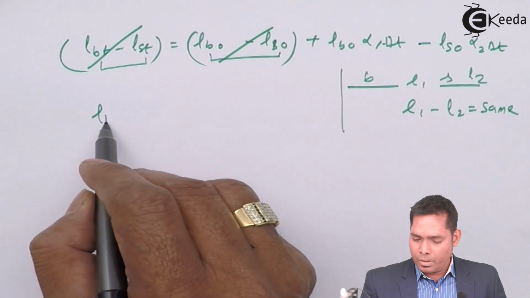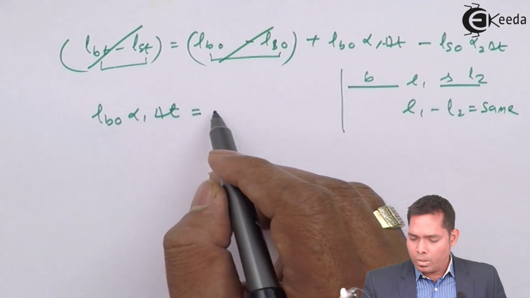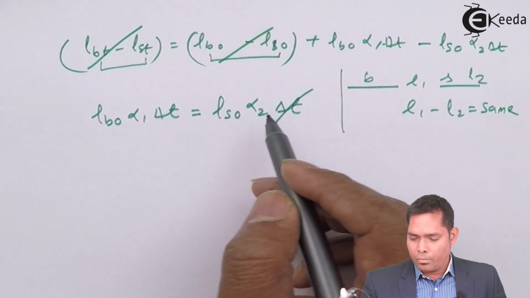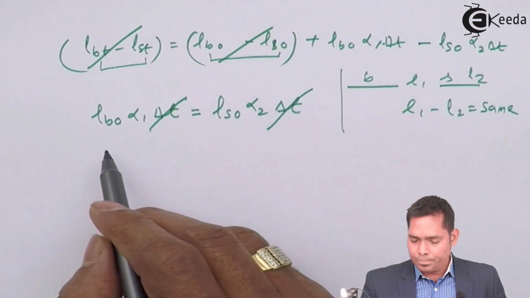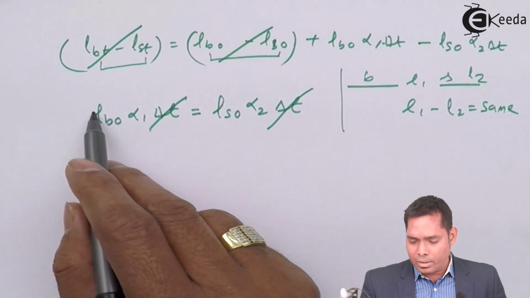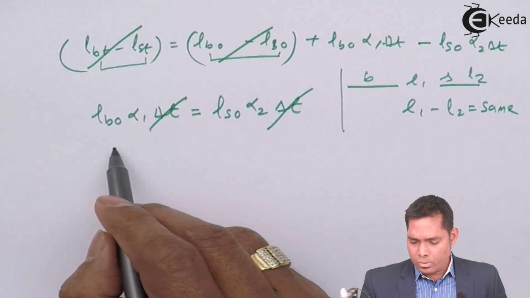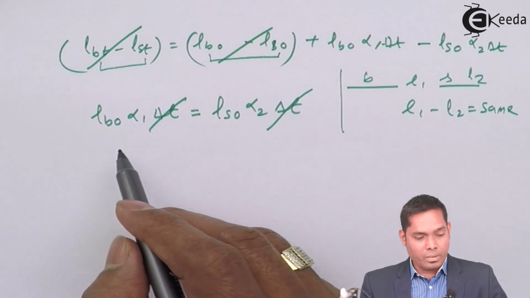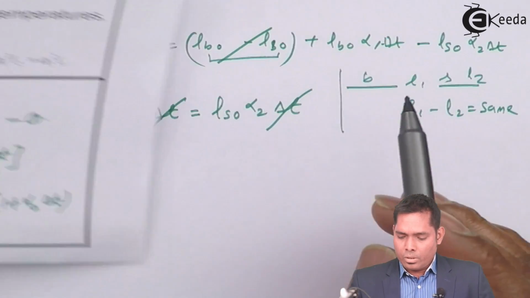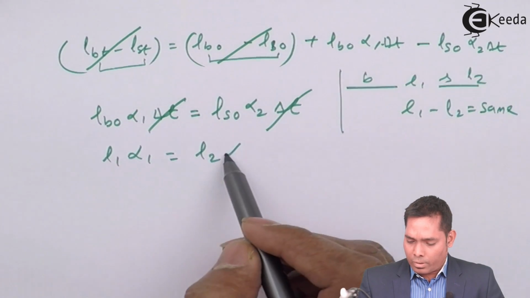So LB0 alpha 1 delta T must be equal to LS0 alpha 2 delta T. The temperature difference is the same, that will also cancel. And this LB0 is the length at 0 degree centigrade, which is given as L1 and L2 respectively. So L1 alpha 1 equals L2 alpha 2.